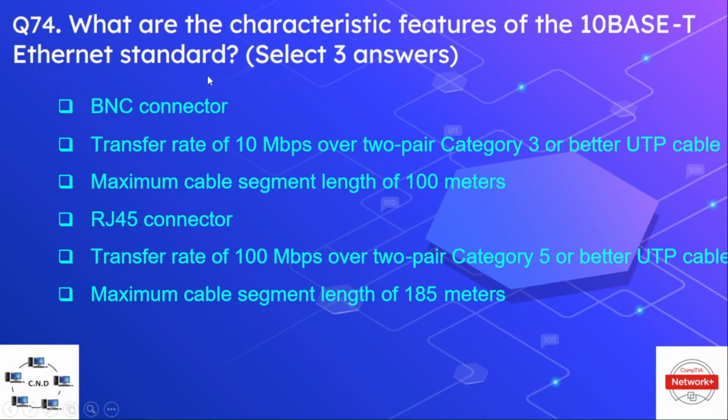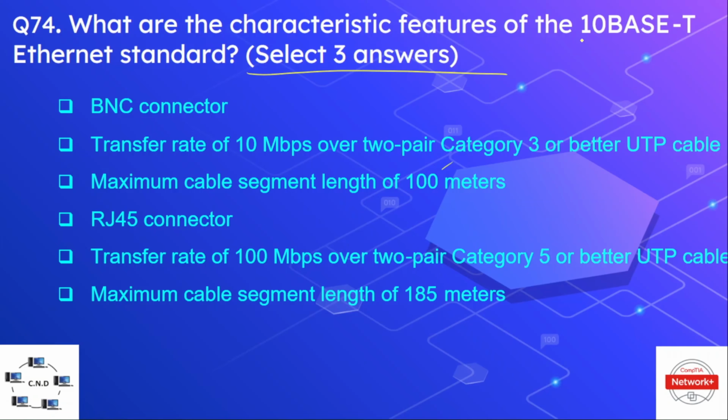Question number 74 is that what are the characteristic features of the 10-base-T Ethernet standard? And we have to select three answers. And the options are BNC connector, transfer rate of 10 Mbps or 2 pair category 3 or better UTP cable, maximum cable segment of 100 meter, RJ45 connector, transfer rate of 100 Mbps, or maximum cable segment length of 185 meters.